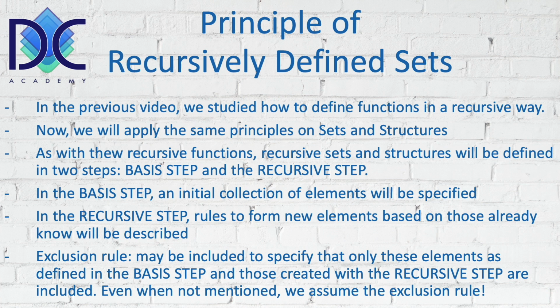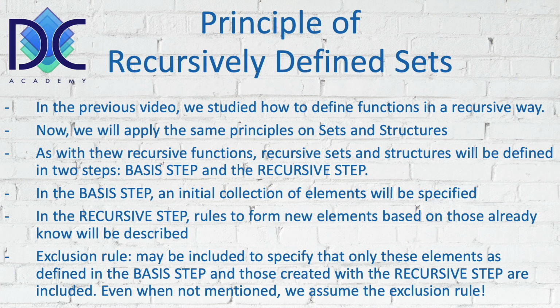Now there is also what we call an exclusion rule. It may be included in the description. It's not always necessary. It defines which elements are included, so basically, it defines when certain elements cannot be a part of the recursively defined set.